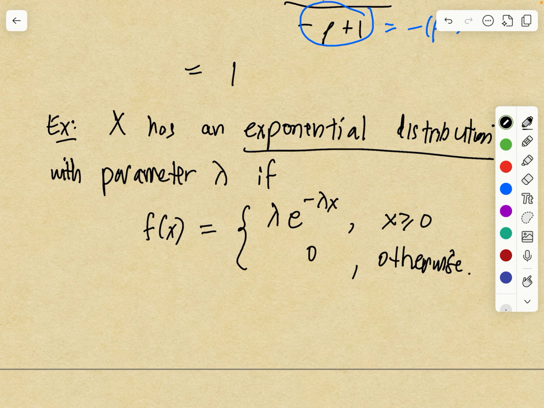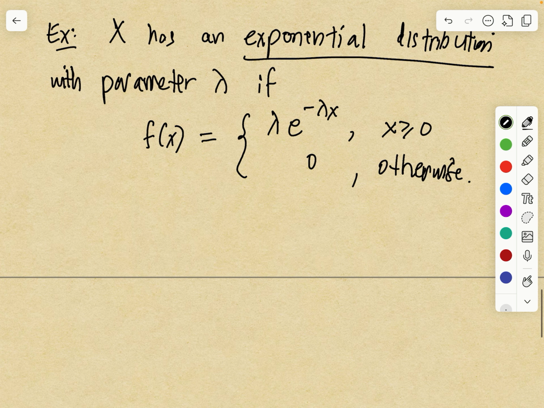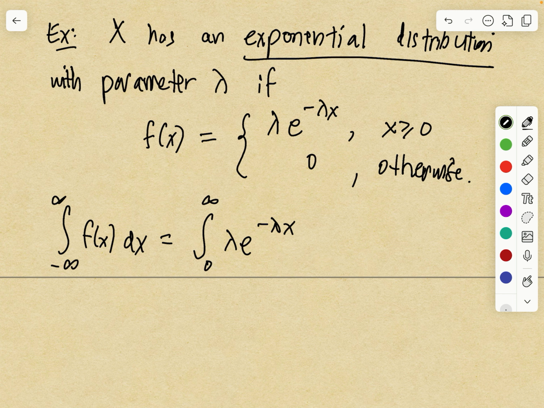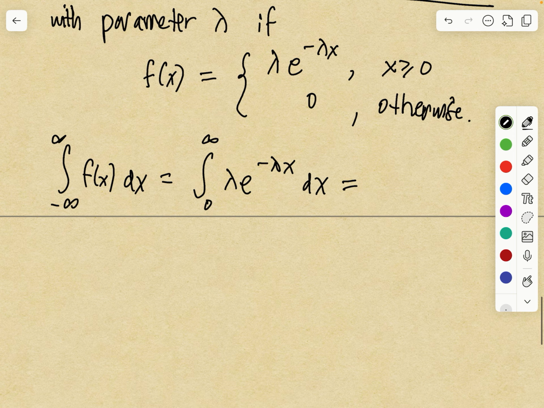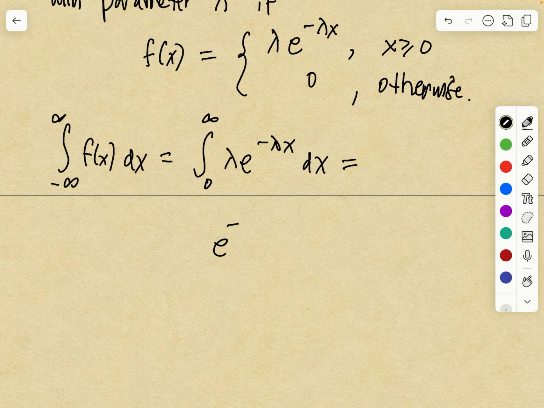Well, we see that f is non-negative again, and to check that this definition makes sense, we need to check that the integral of f of x from minus infinity to infinity is equal to 1. Well, you're just integrating from 0 to infinity lambda e to the minus lambda x, and I think it's easy to see that you're going to get 1, because you get negative e to the minus lambda x from 0 to infinity.